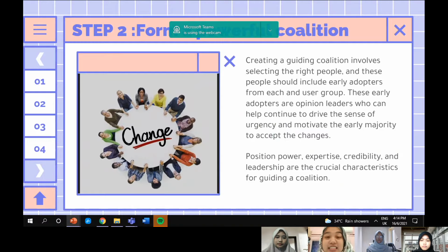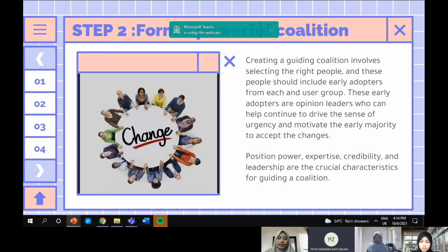Okay, for step 2 is form a guiding coalition. Creating a guiding coalition involves selecting the right people, and these people include early adopters from each end user group.